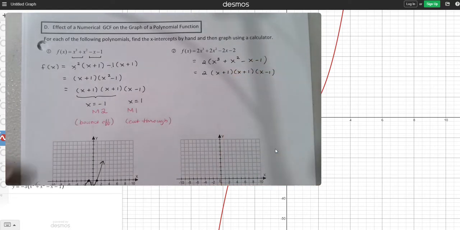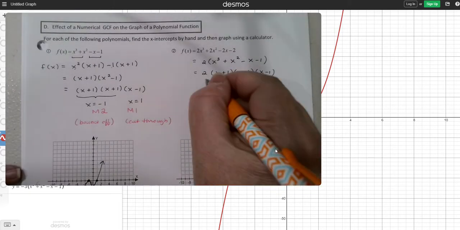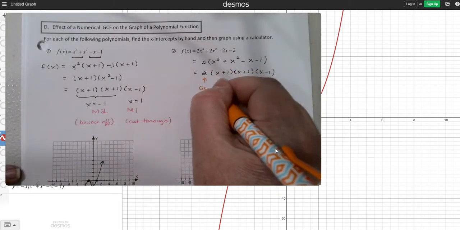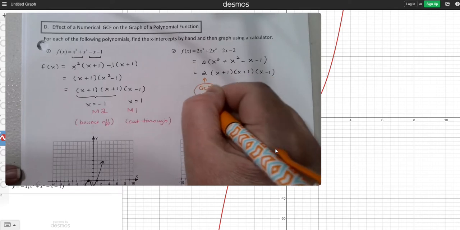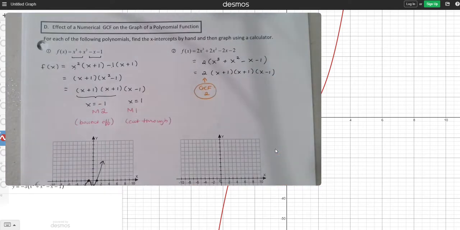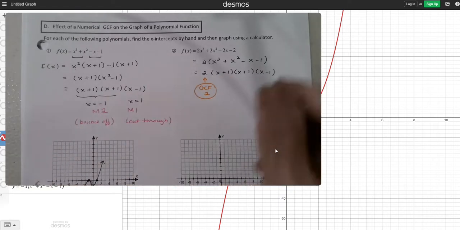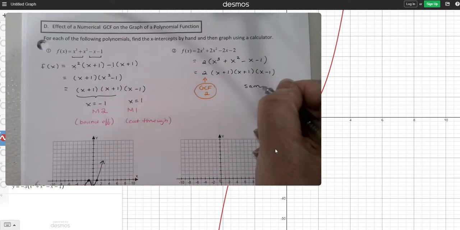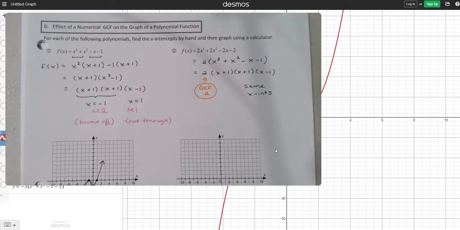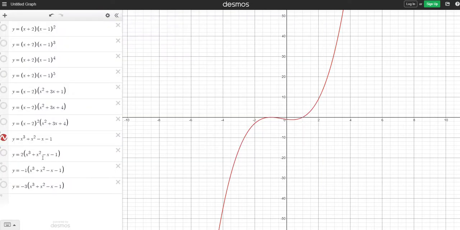So it's the same thing, but with this GCF of 2. It should have the same x-intercepts as before. So the basic shape shouldn't change, but let's just take a look at the graph to see what that multiplier of 2 does.